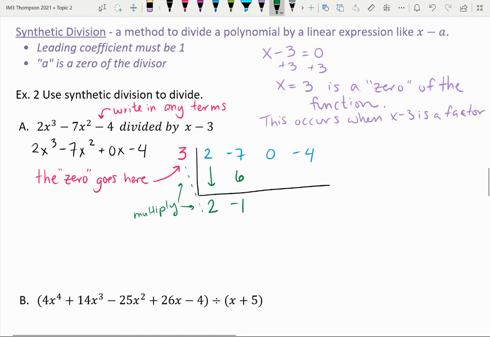When I start my process, I bring the 2 down. I bring the first term down. I multiply on a diagonal, and then I drop it in the next spot. So 3 times 2 is 6. Drop it here. Add down. I'm going to continue with this process with every new number I put here. So now I'm going to take the 3 times -1 and multiply and put it in this spot.